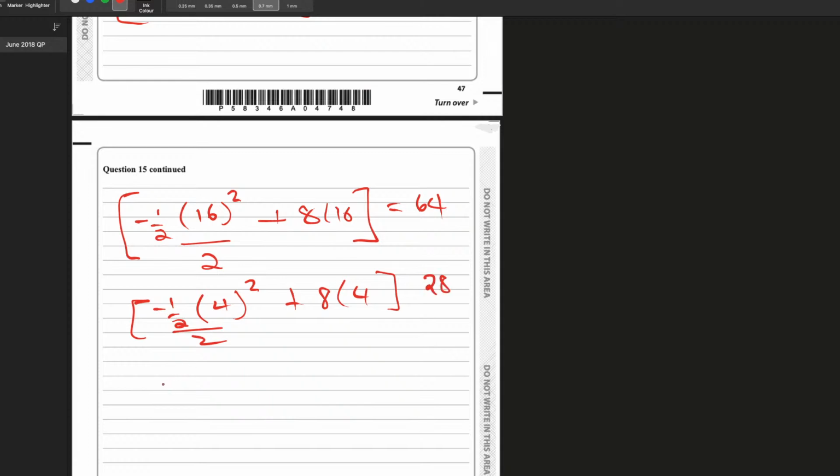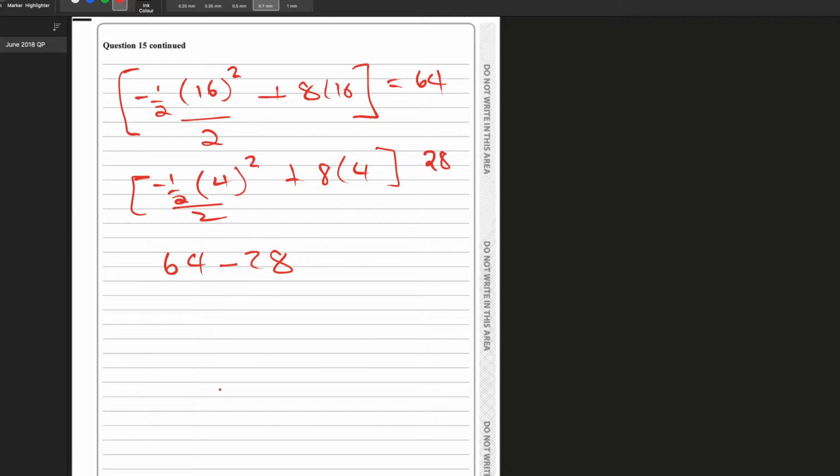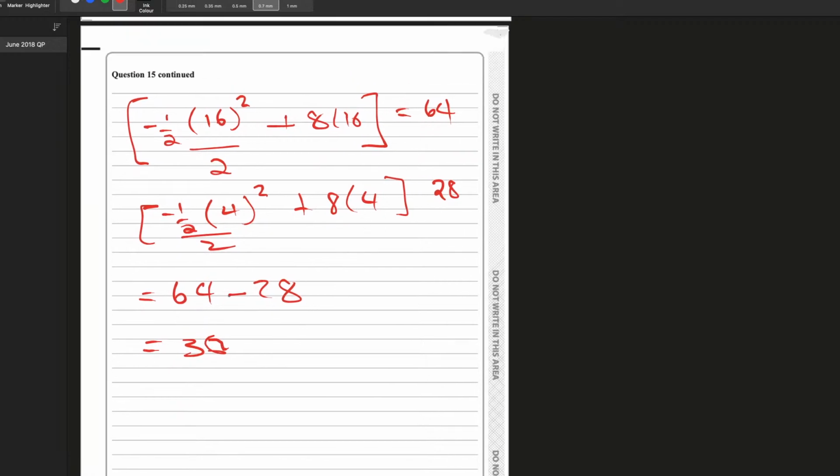So when we subtract 64 minus 28, what do we get? We get 36. So the area is positive 36.